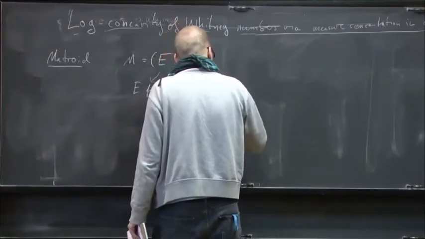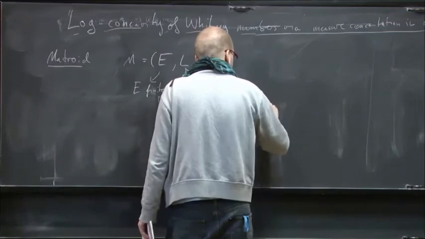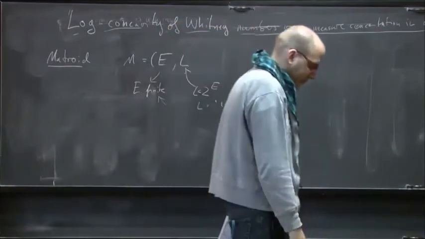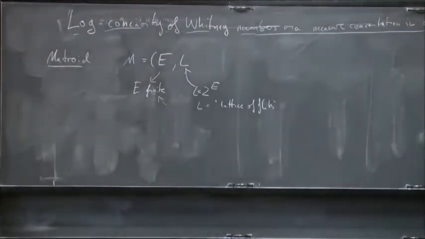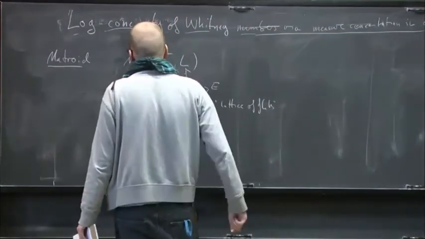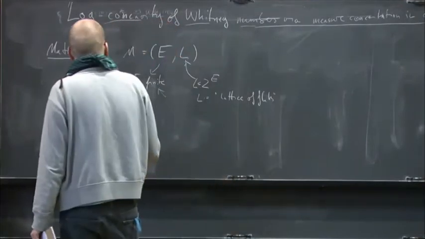It's called the lattice of flats. And these are designed to capture your standard intuition of what subspace arrangements, what hyperplane arrangements over some field would be. So what are the axioms that I need?